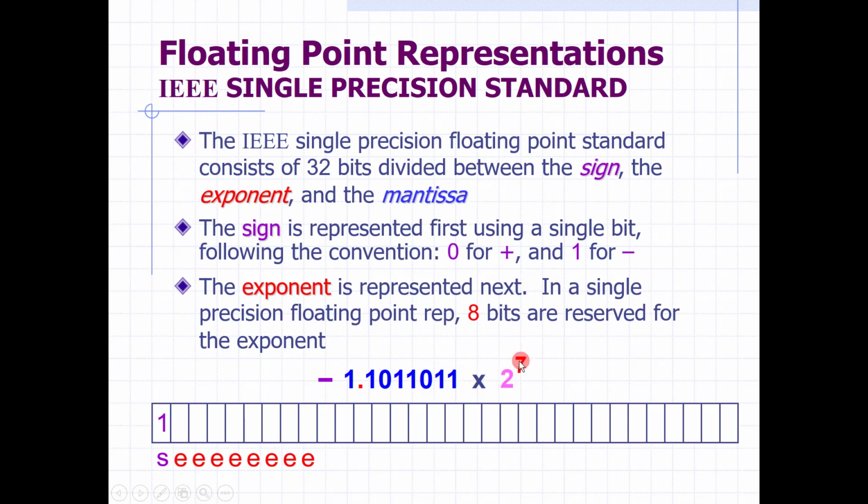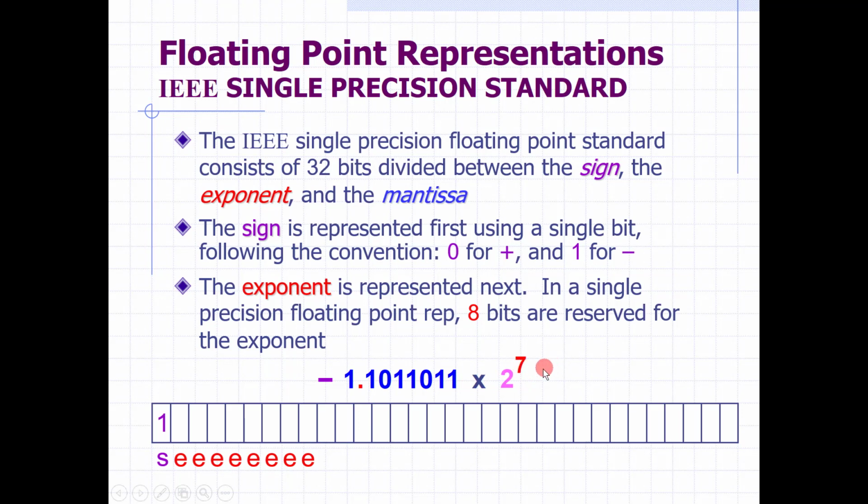Now, we can't just put the number 7 in those 8 bits. We'll have to put that into some binary form. We could store it in 2's complement, for example, because sometimes this exponent is negative. So we need a representation that can handle both positives and negatives. It turns out we're going to end up using a biased representation rather than 2's complement because exponents generally involve incrementing.